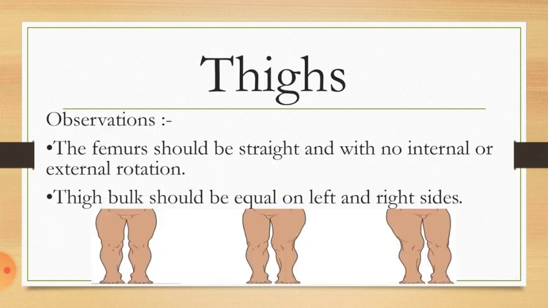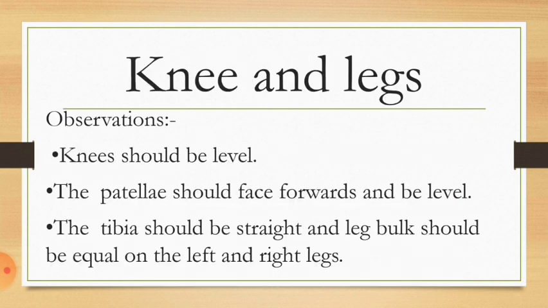Thighs. Observe femur should be straight and with no internal or external rotation. Thigh bulk should be equal on left and right sides. Knee and legs. Line of gravity passes between the knee, equidistant from medial femoral condyles. Observe knees should be level, patella should face forwards and be level.